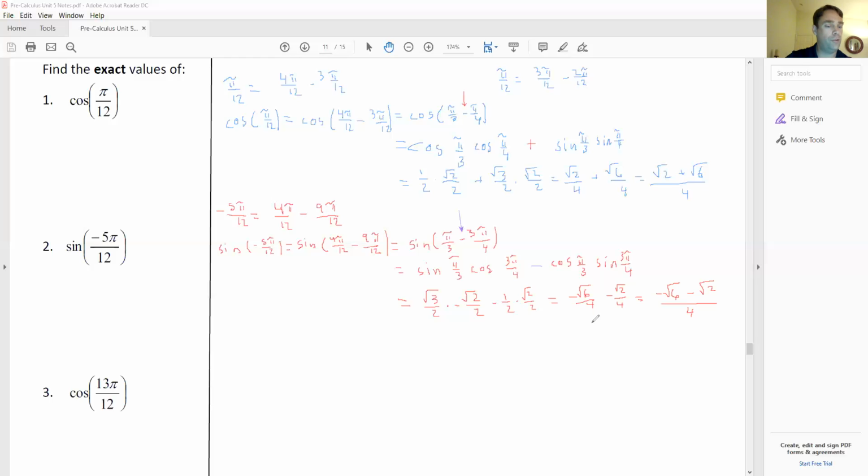All righty. Well, friends, why don't you go ahead and try cosine of 13 pi over 12 and see what you come up with. All right, well, let's see here. Cosine of 13 pi over 12. Maybe you did cosine of 4 pi and 9 pi again.